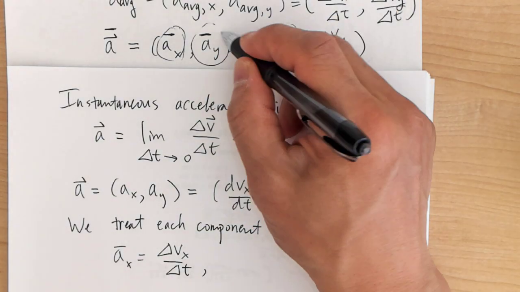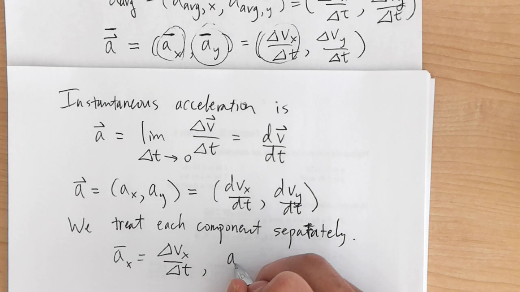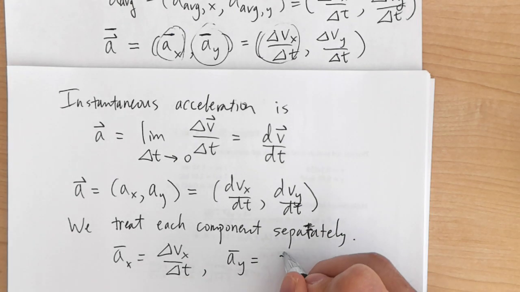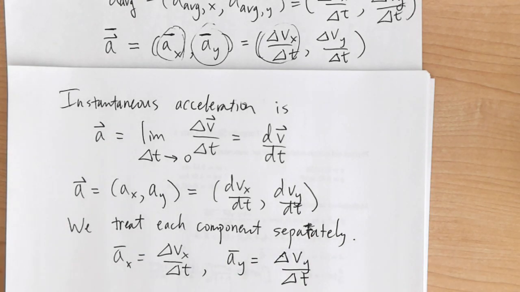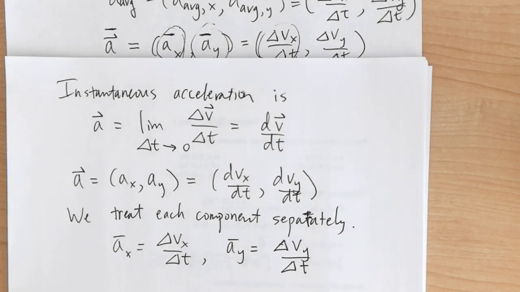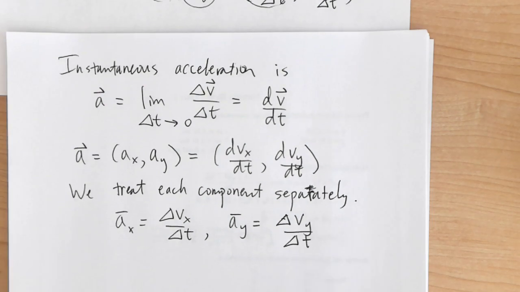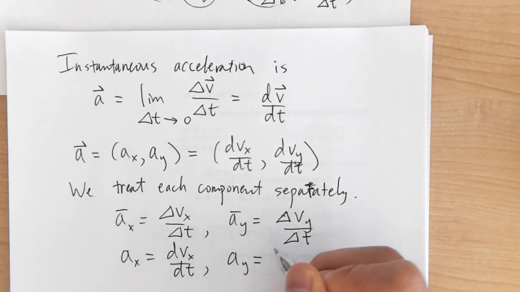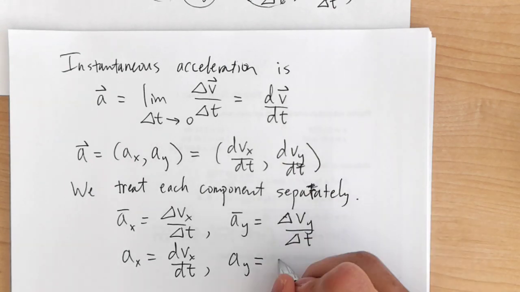The y component is delta Vy over delta t. And then for the instantaneous accelerations, I have ax equal to dVx by dt, and ay is dVy by dt.